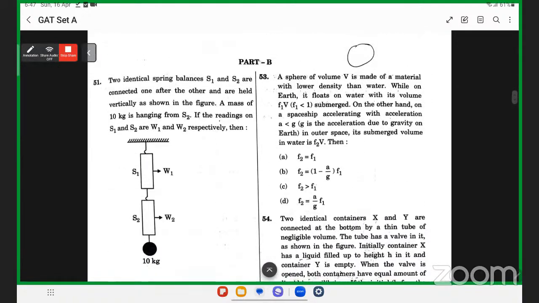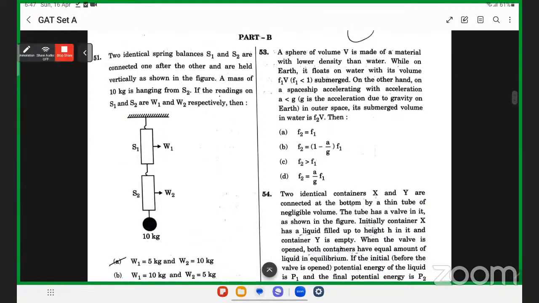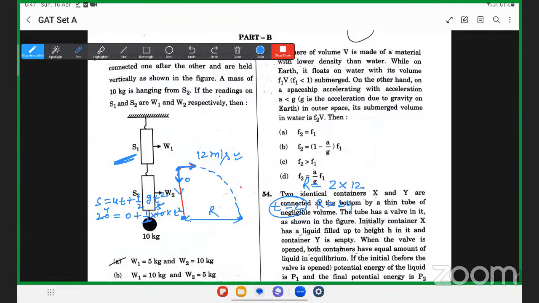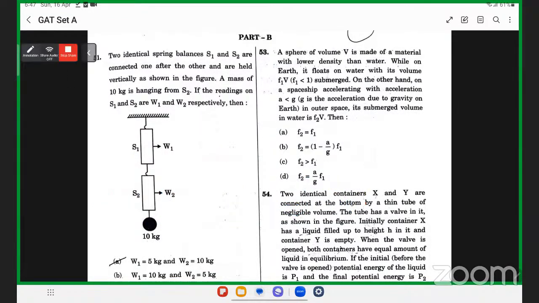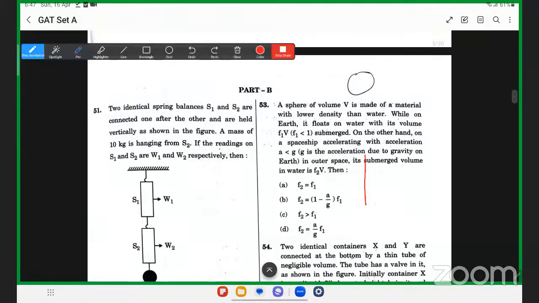देन वी हैव, a sphere of volume v is made of a material with lower density than water.